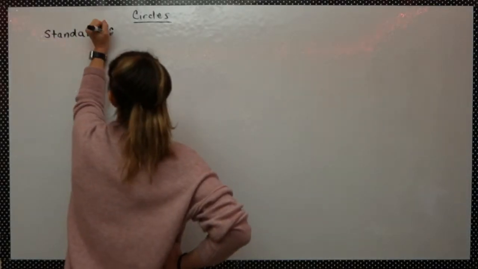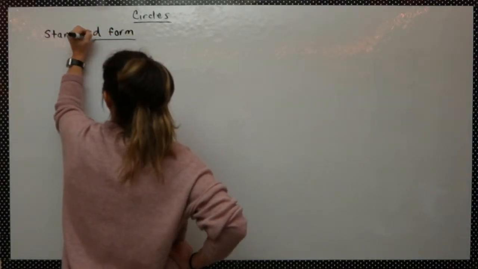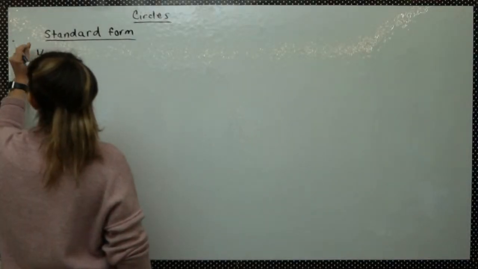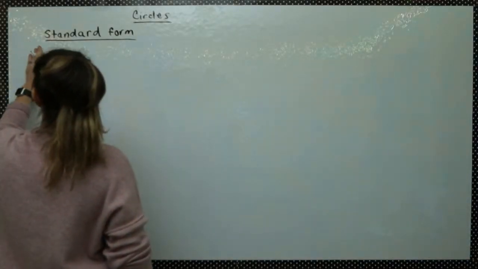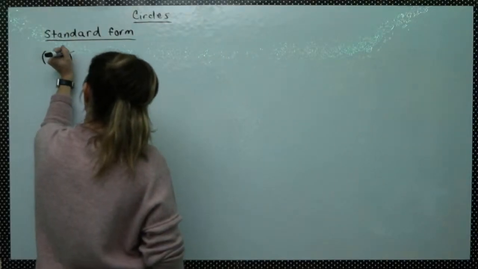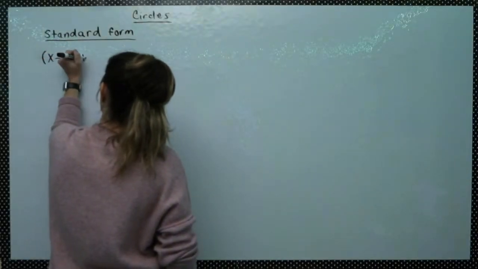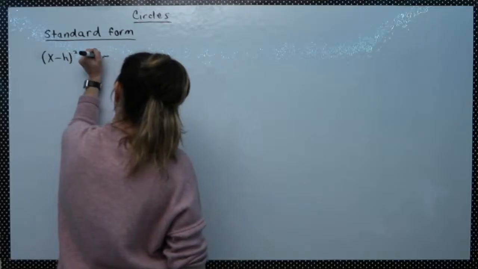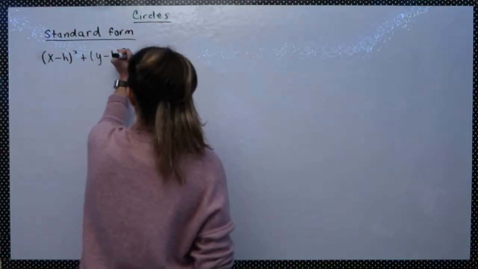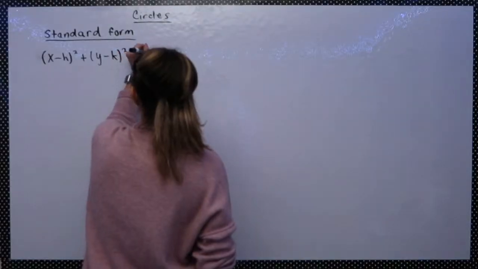Standard form is x minus h quantity squared plus y minus k quantity squared, and that equals r squared.